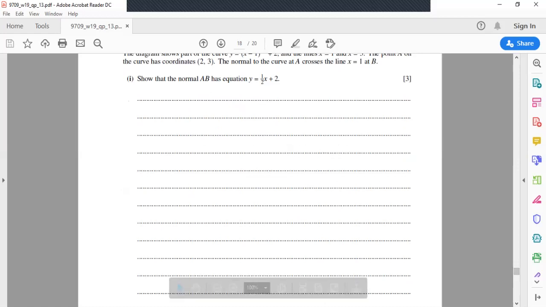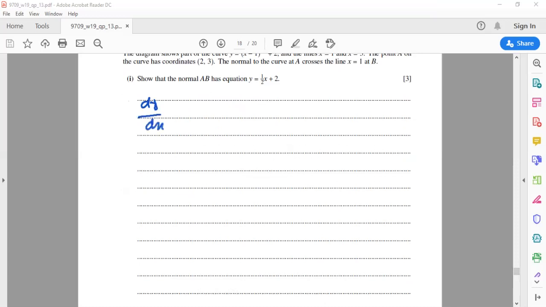So dy by dx is minus 2 (x minus 1) to the power minus 3, and the 2 is the constant, so it's going to be 0. So we are left with minus 2 (x minus 1) to the power minus 3. By placing the value of x equals 2 in this, we get (2 minus 1) to the power minus 3, which is actually minus 2. This is the gradient of the tangent.